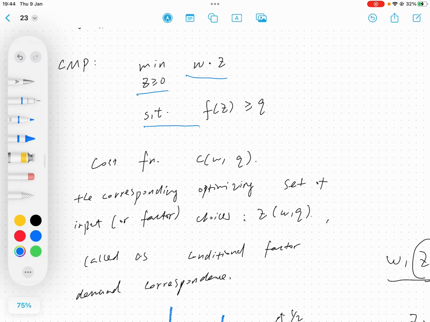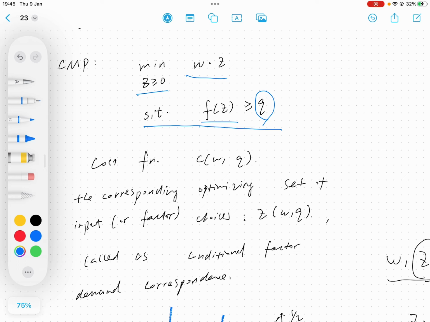The only constraint is that we have to produce at least the minimum level, that is, f(z) must be at least q. That's the problem, the CMP.